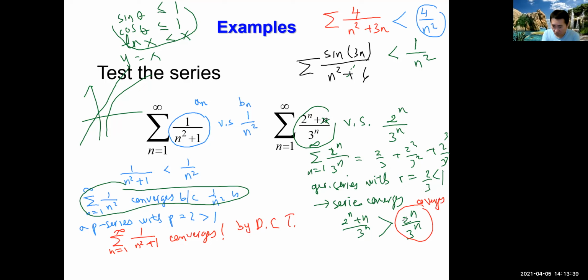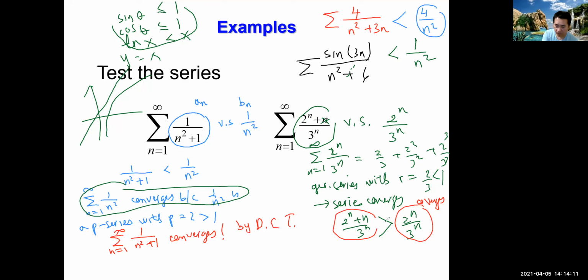So the smaller converges. What about the series under test? Does it converge? Well, we don't know, because now the series being tested is on the larger side. So I don't know about this sum. This sum may go to infinity. It could be divergence, could be convergence. We don't know.